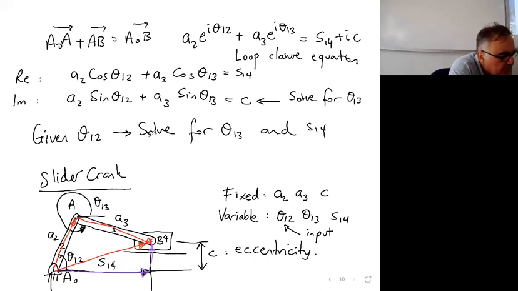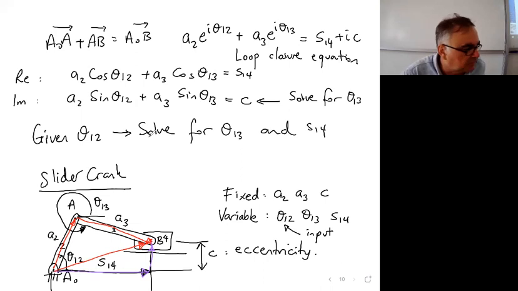Now, actually, there is another possibility for the loop closure equation for the slider crank. Let me write it here, just to show you the flexibility here.